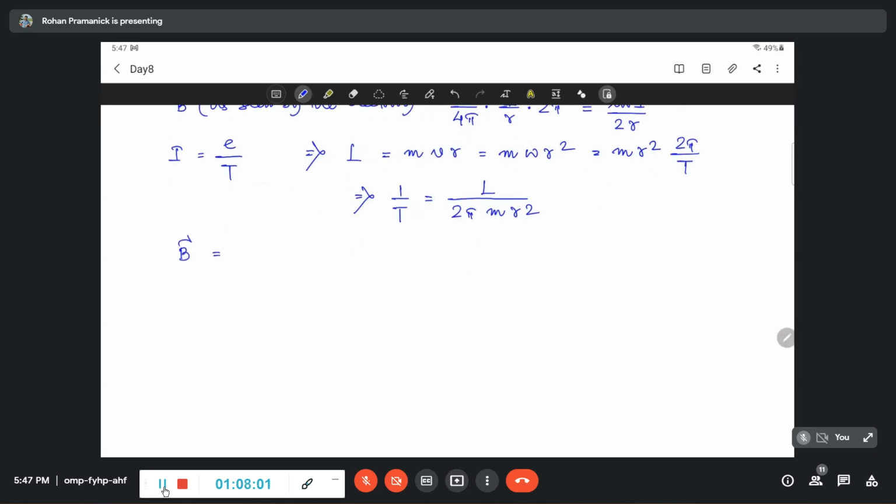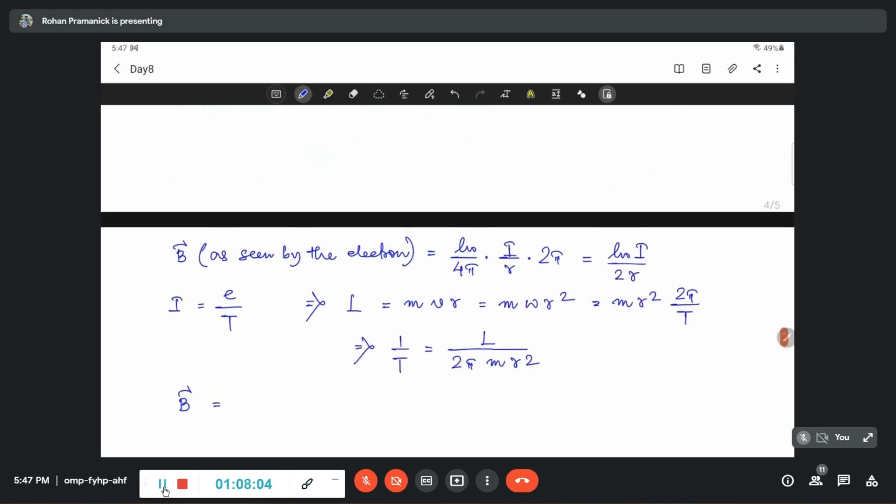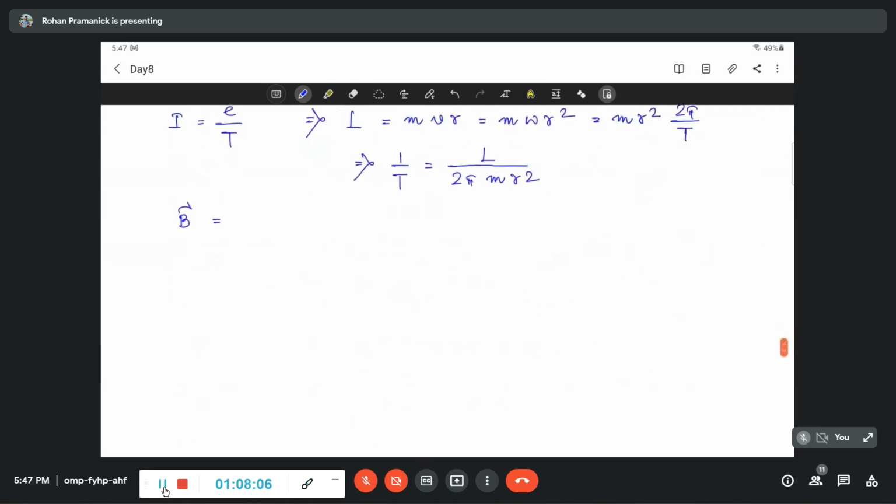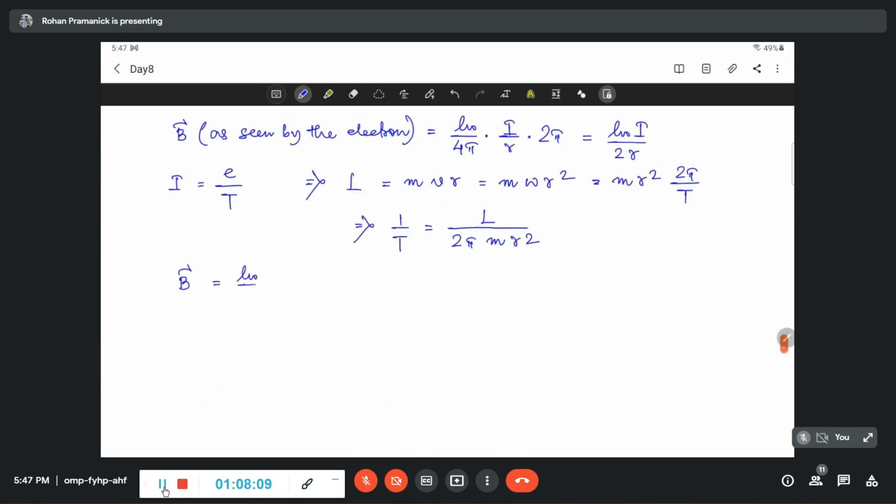So B as a vector gives you mu 0 by 2, 1 by r, fine. Then I is 1 by T times e, and 1 by T is L vector by 2 pi m r squared, right?